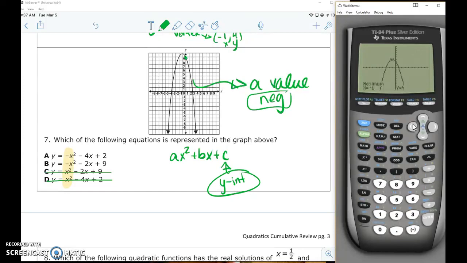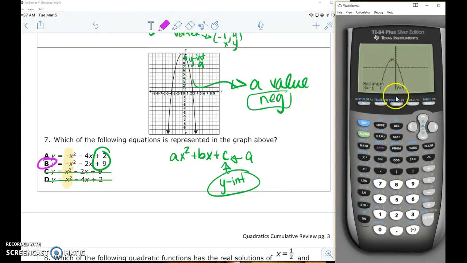In our problem, the y-intercept is at 1, 2, 3, 4, 5, 6, 7, 8, 9. So that means our c value has to be 9. Looking at choices A and B, the only one that has a c value of 9 is choice B.